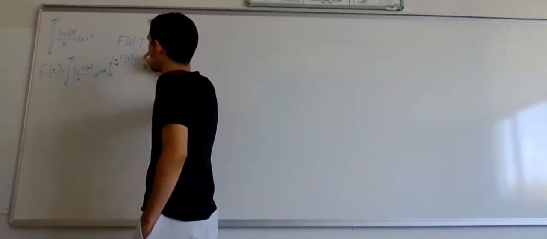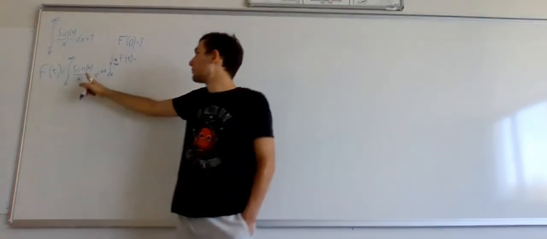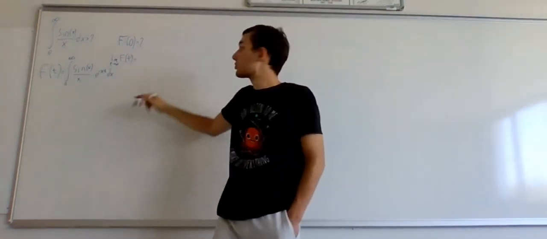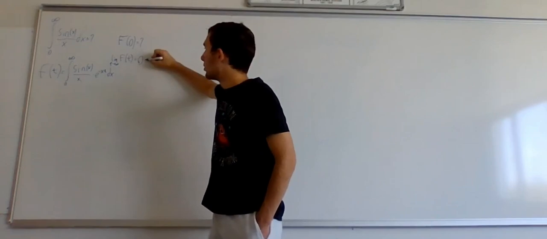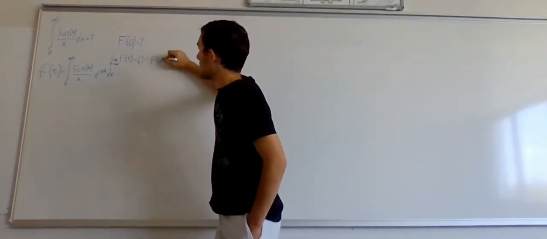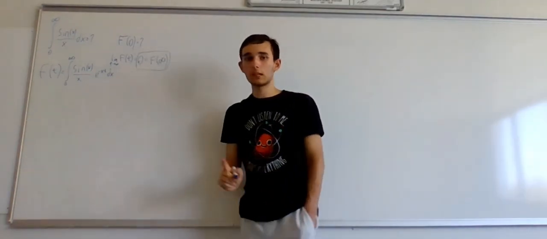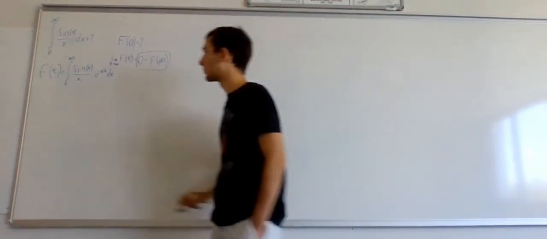So this is the integral of 0 dx, so just 0. Or if this notation confuses you, you can just say f of infinity is equal to 0, like this. So let's get to the actual differentiation part.